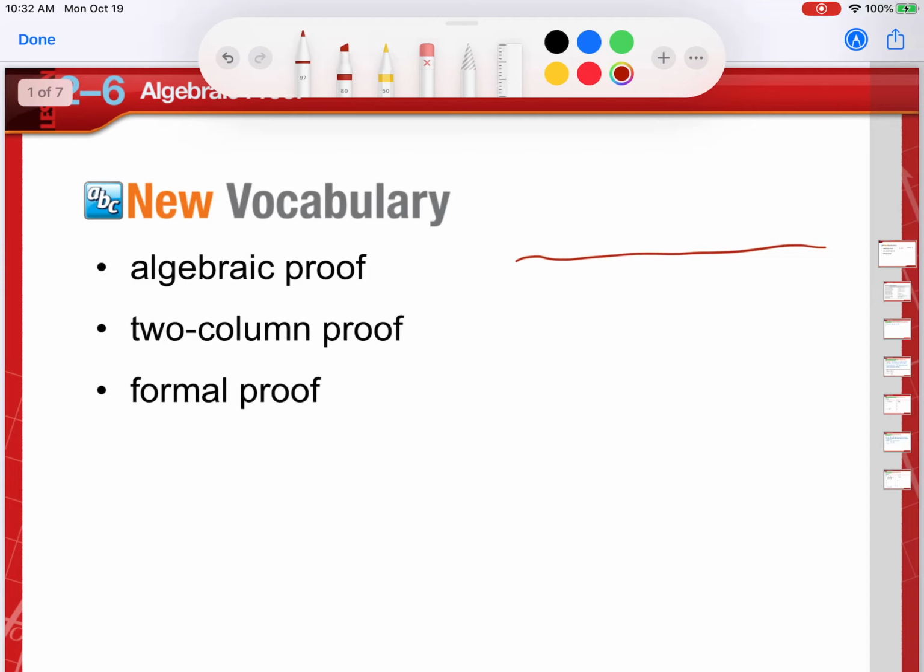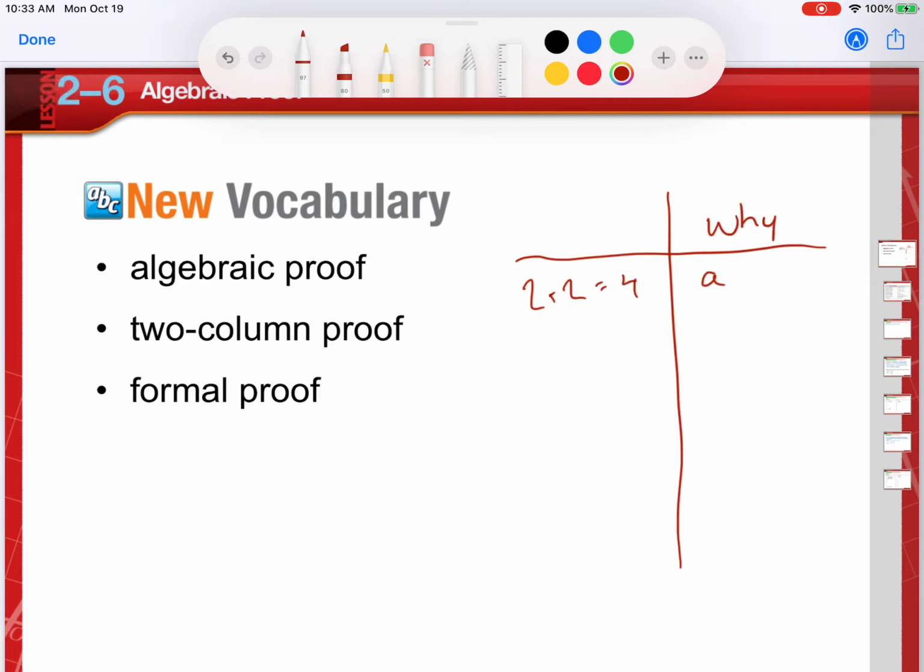So when we write two-column proofs, we write them kind of like a T-chart almost, and we have our statements or our math on this left side. So like our 2 plus 2 equals 4.